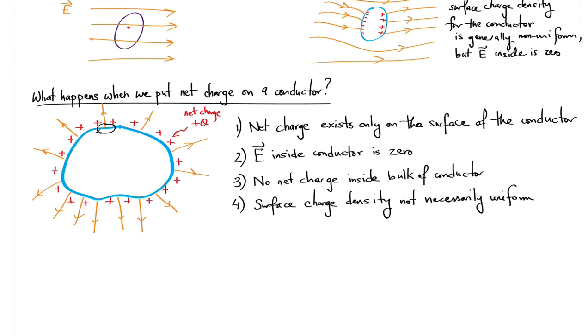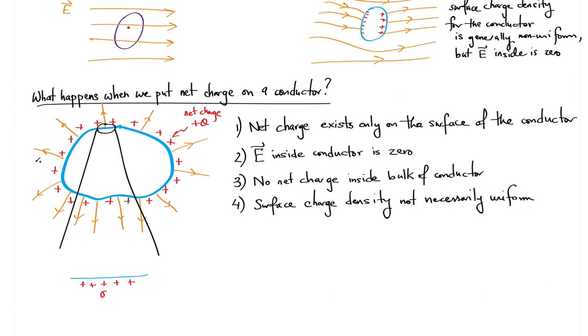I'm going to blow that up. If we wanted to know the electric field at that point, so this is the surface of the conductor there, and we've got some charge density there. I'll call this the local charge density sigma.